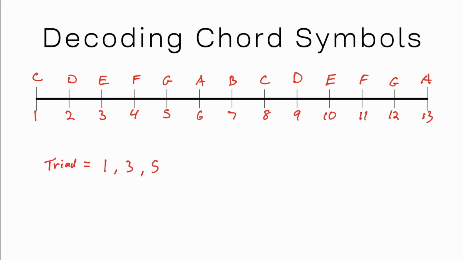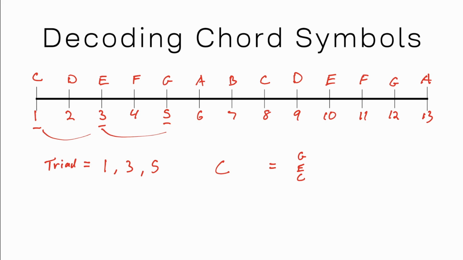So if we look over here, 1, 3, and 5 on our scale line here, these 3 notes make up our triads. And the first triad is just a major triad coming straight out of the major scale. And that chord symbol just looks like a capital C. That capital C is telling us to play C, E, and G, the basic C major triad.